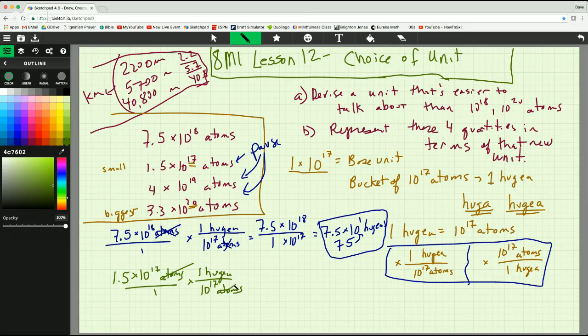We cancel the atoms, and we get 1.5 times 10 to the 17th over 1 times 10 to the 17th. And lo and behold, this equals 1.5 times 10 to the 0, which is just 1.5, right? Because 10 to the 0 is 1.